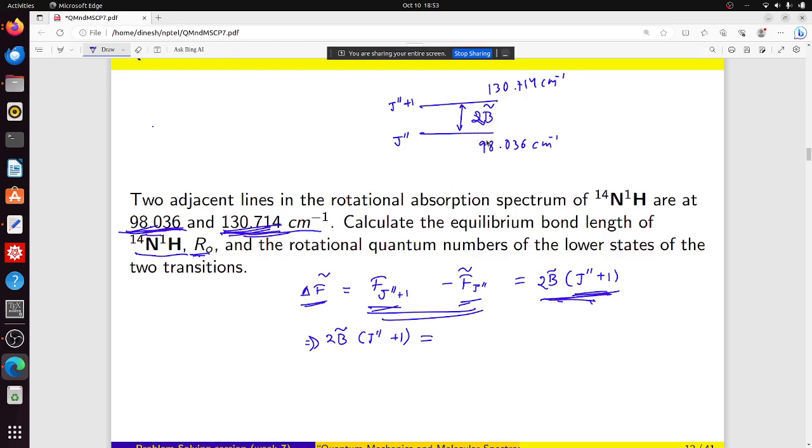Now let's assume for this kind of system, let's say j equal to 0 and j equal to 1.